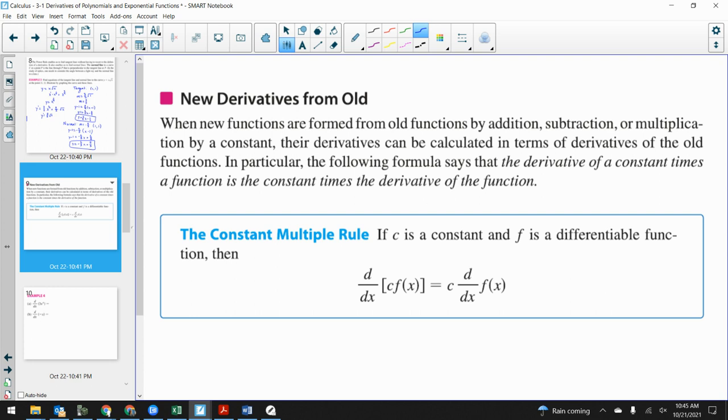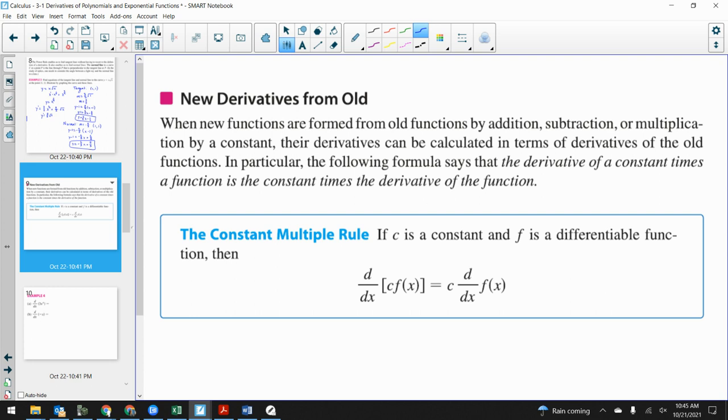For example, if you have a constant times a function, like 7x squared, so 7 being multiplied by x squared, you can actually take that constant and bring it out front. Why? Because that constant is not dependent upon that x value. So finding the derivative with respect to x of a constant times a function, you can just bring it out front.